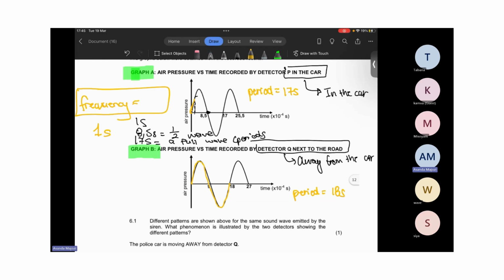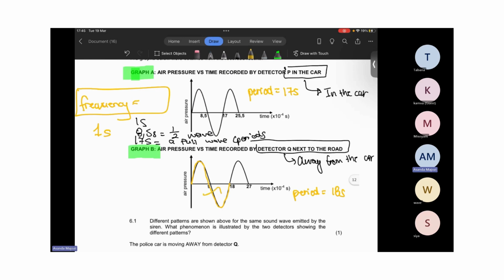Period is the time that it takes for a full wave to form. So like this, right? Not this entire length of the wave there, because that entire length is indicating that this is one wave, and then this half of the wave is another half, right? So for us to talk about period, we need to talk about one wave that is formed.